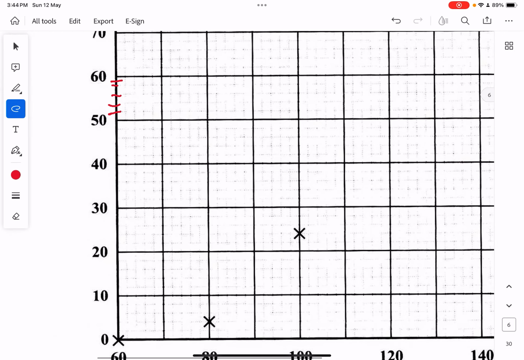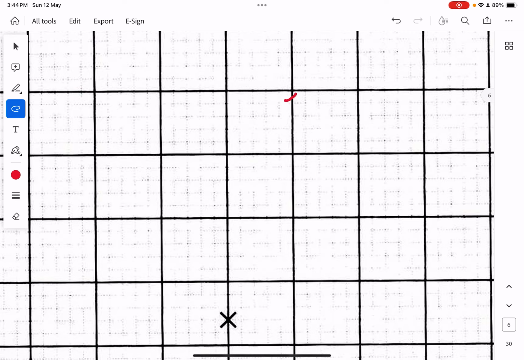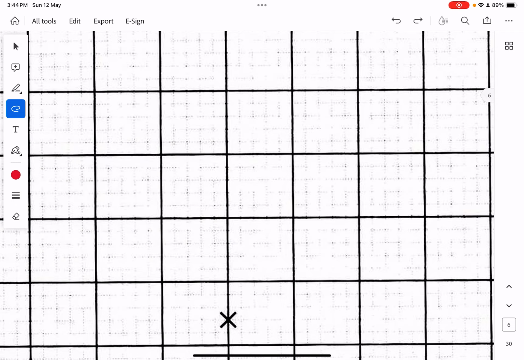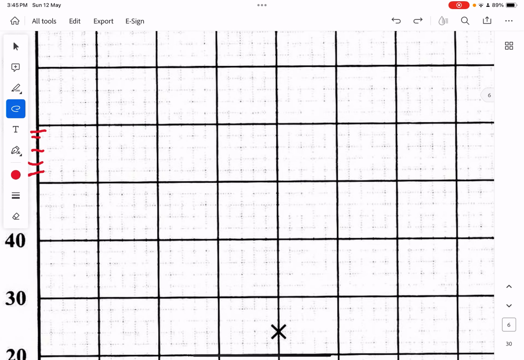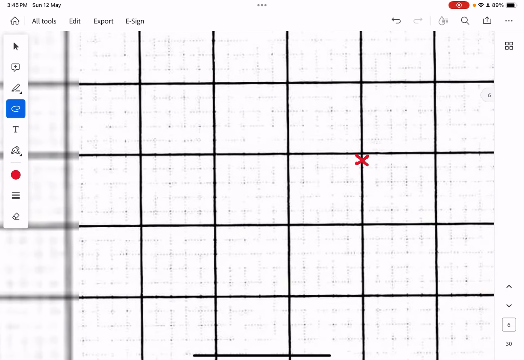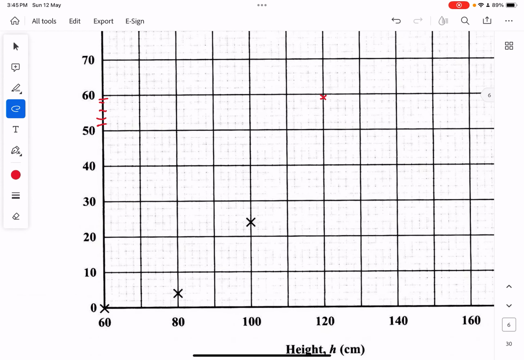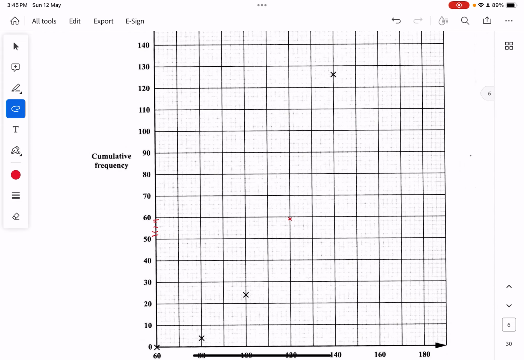Right, so 120 and 59, that point is going to end up right here. Notice it's not on the line below or above it, it's in between the two of them, but it is on the line that represents 120 on the x-axis, right? So that's our third point.